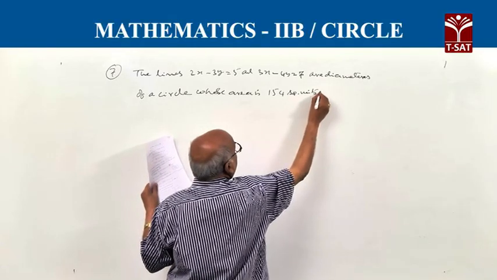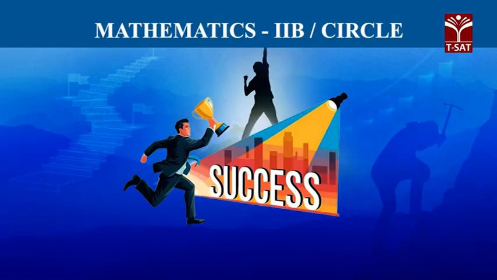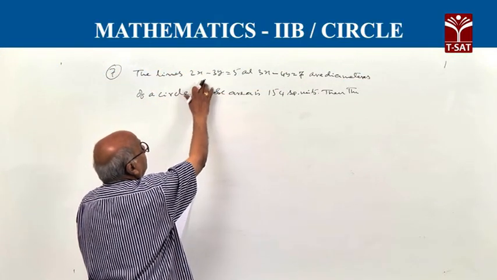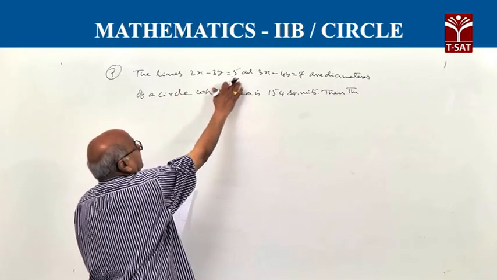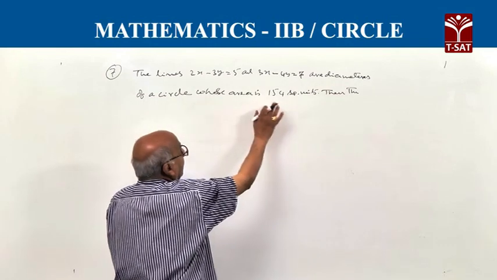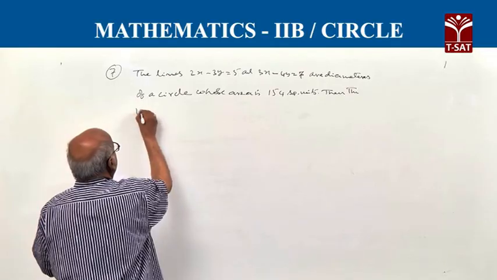Then the equation of the circle. So you are given a circle whose two diameters lie along the lines 2x minus 3y is equal to 5, 3x minus 4y is equal to 7, and the area is given to be 154 square units. Then find the equation of the circle.